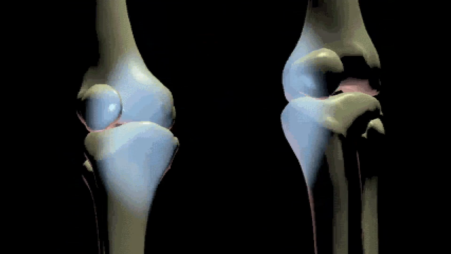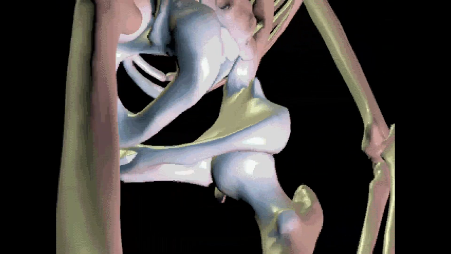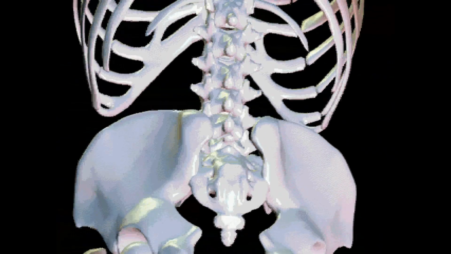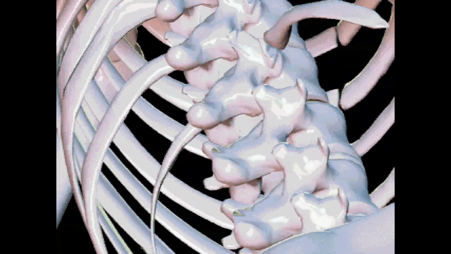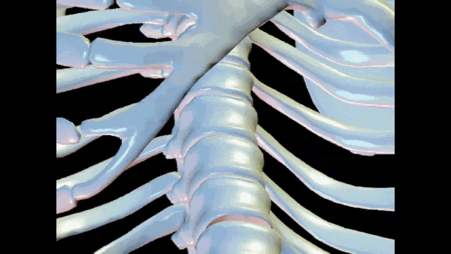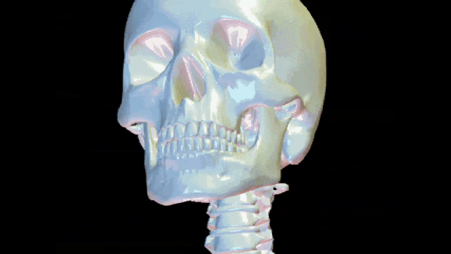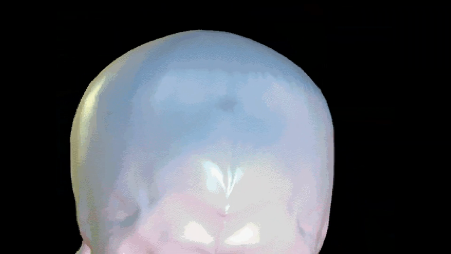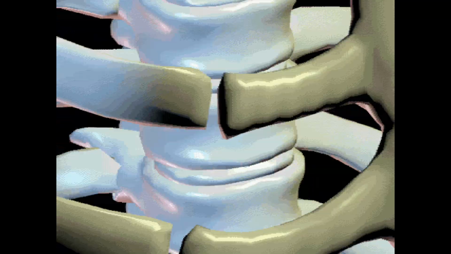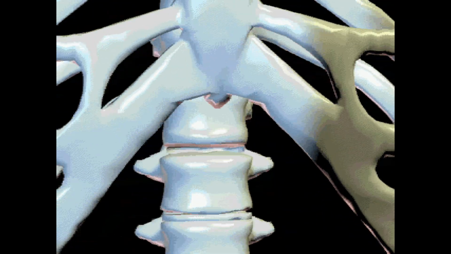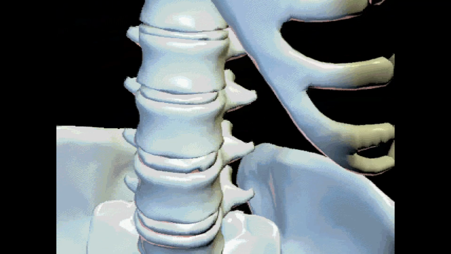Tibia. Femur. Pelvis. Sternum. Cervical spine. Skull. Thoracic spine. Lumbar spine.